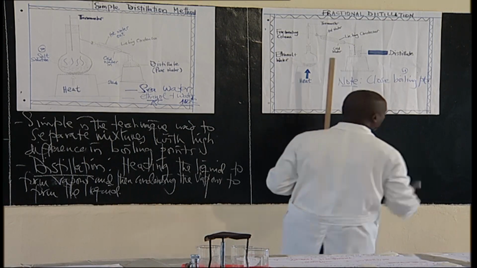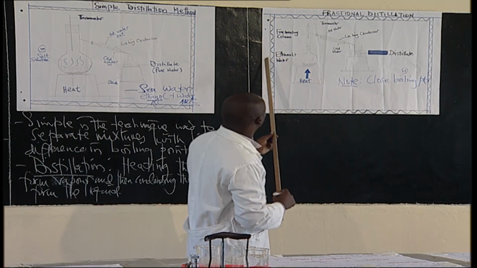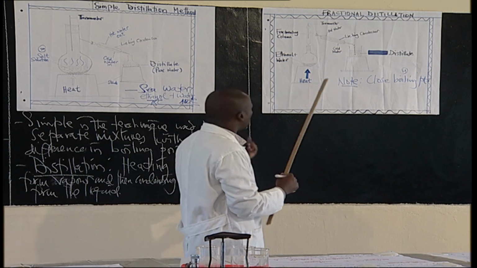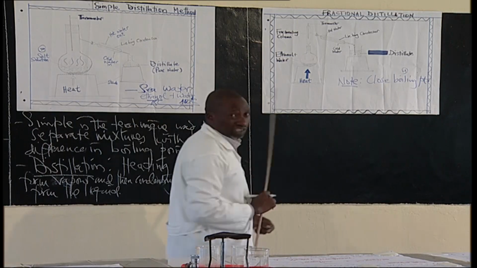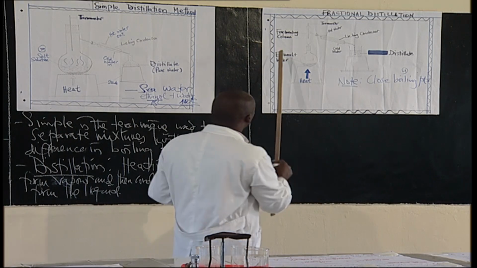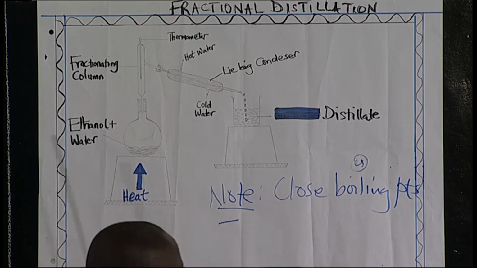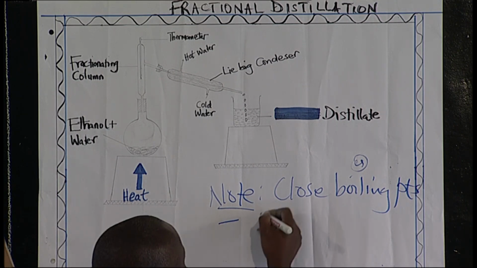Ethanol would not be the best example, because even simple distillation can work on ethanol, and fractional distillation can also work. Here we have the fractionating column. This method works best when you have substances like components of air.